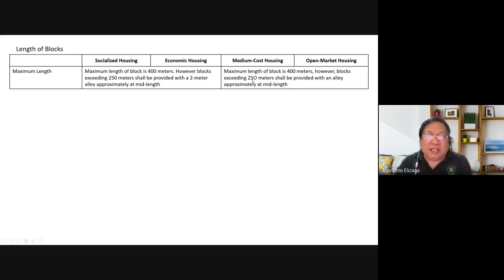But if it is less than 250, so you only design to something like 245 meters in length, so meters. If I said square meters, please correct that. So 250 meters in length. If less than that, there's no need to put an alley in between. The alley is 2 meters, like mentioned earlier.